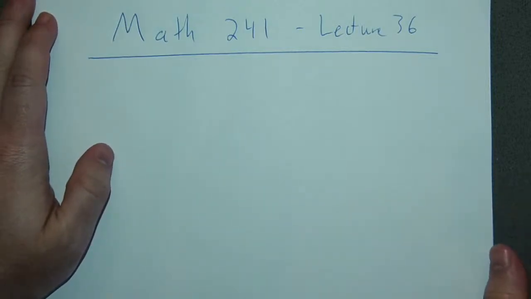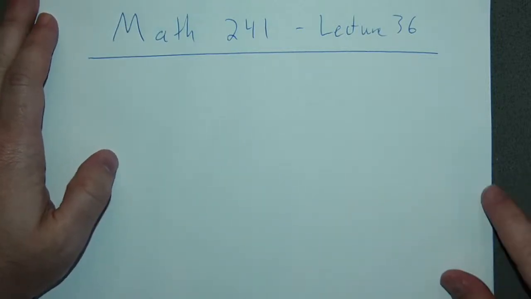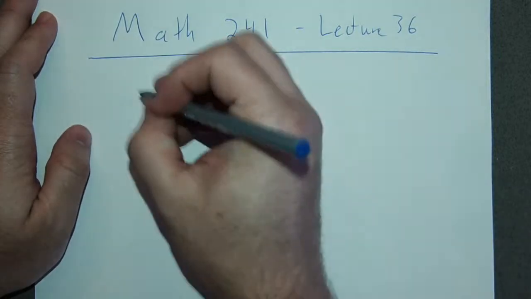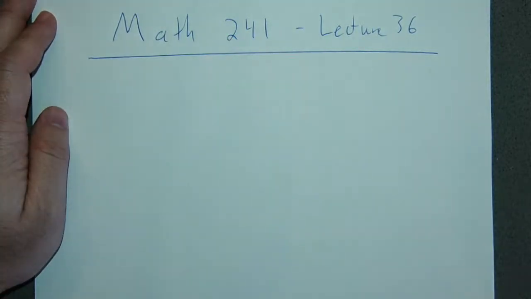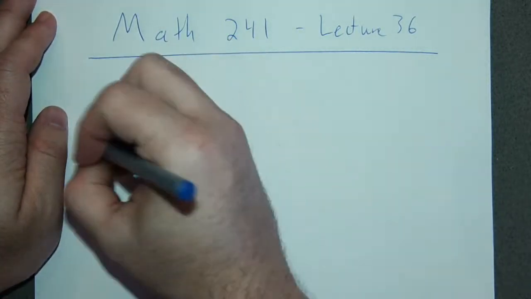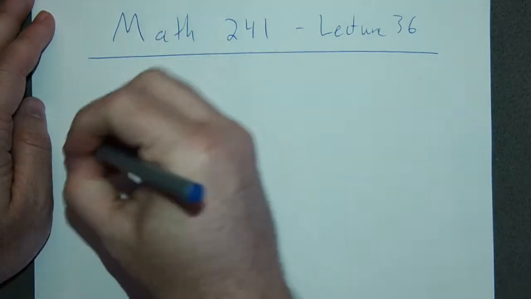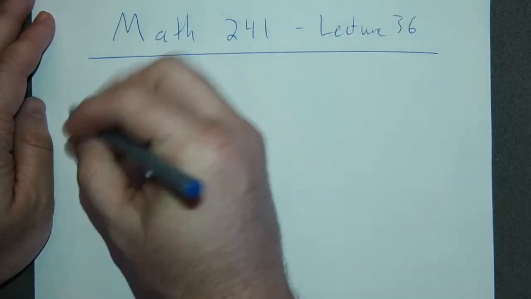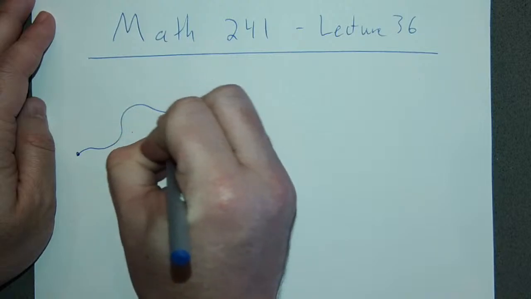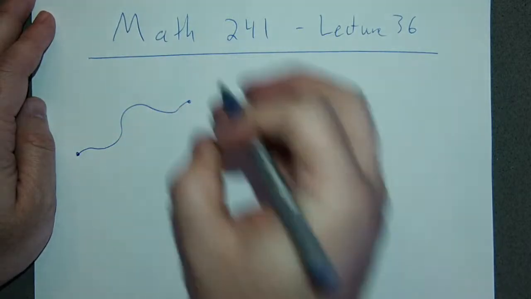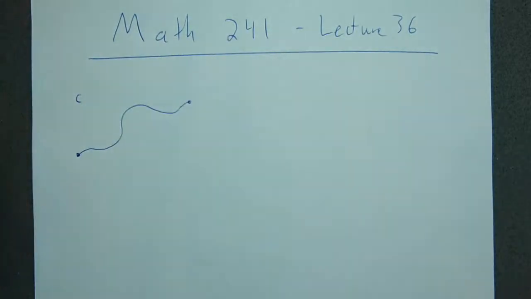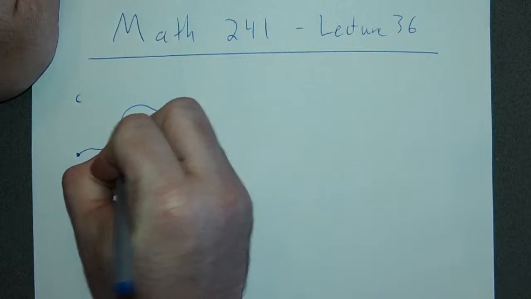Okay, what is something conceptually we can say about line integrals? So we had previously talked about the orientation of a curve mattering. So let's consider some curve I have, and I'll just draw something in the plane here. So here's my curve C. This curve has some smooth parameterization, and that parameterization would include an orientation.